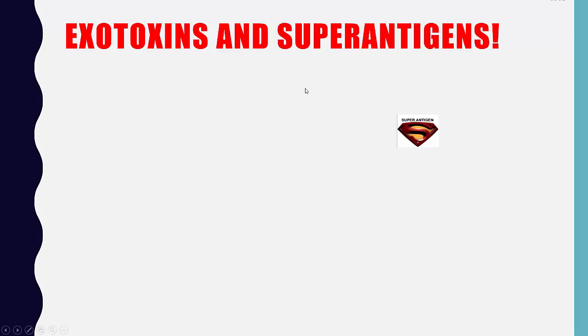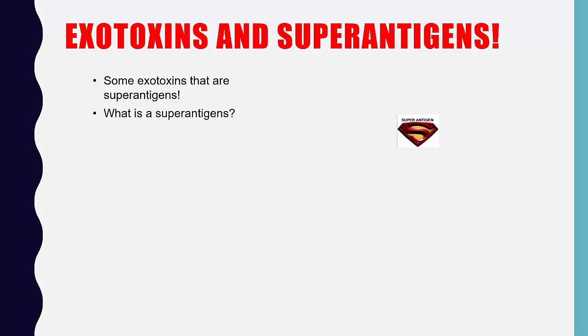Now, what happens if you have an overabundance of inflammation? So it's not just a battle in a few areas, it is an atomic war going on throughout the whole body. This is not good. So again, some exotoxins do freak out the immune response and become super antigens.